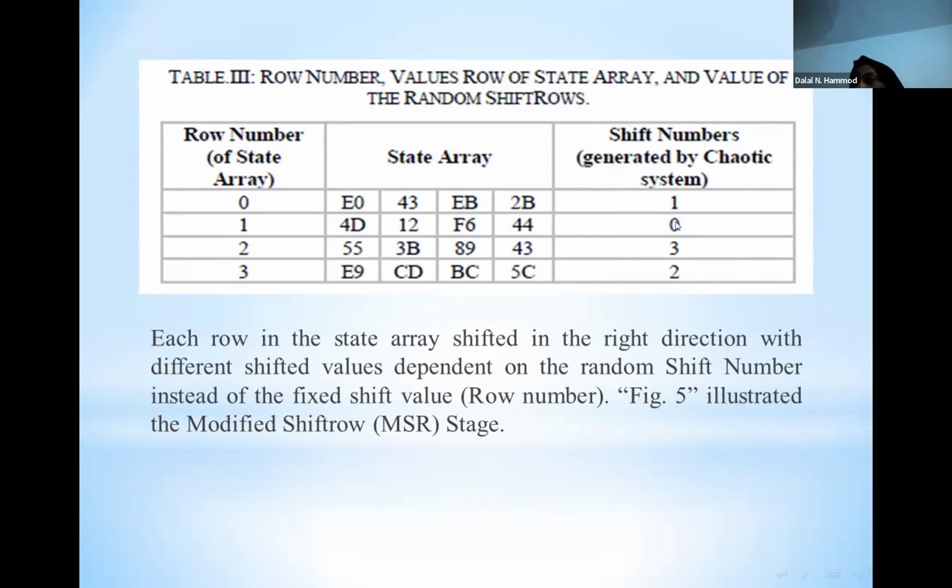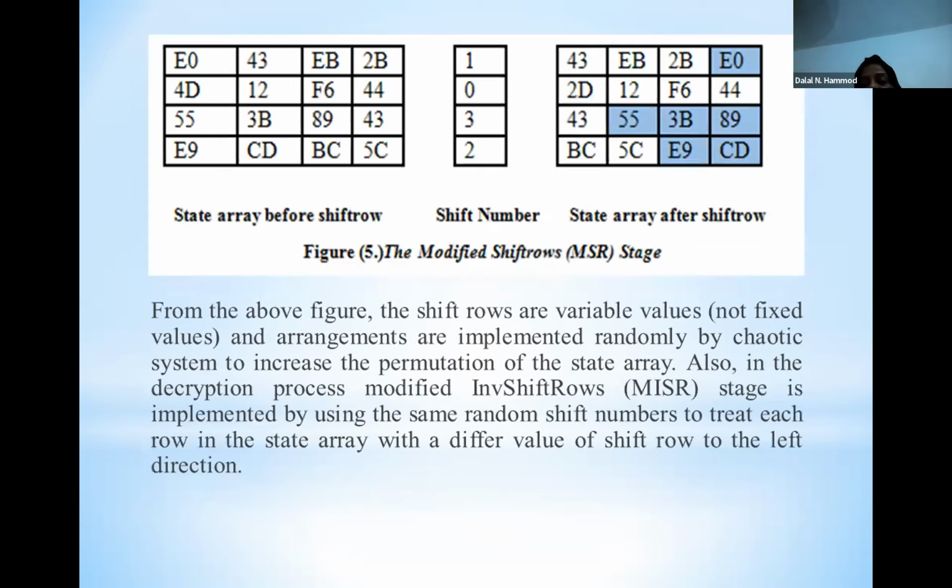This means the second row is not shifted. This means the third row is shifted to the right by 3 positions, and the last value, 2, means the last row in the state array is shifted to the right by 2 positions. This figure illustrates the shifted values highlighted in blue.